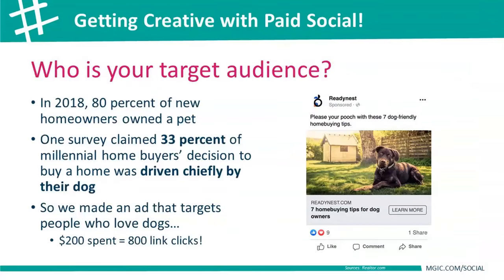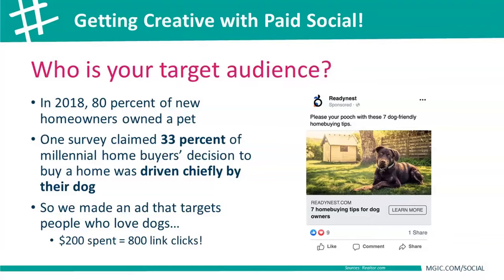So here's an example that we had, where we had a blog on Readiness that was all about home buying tips for dog owners. In this case, we know that more and more dog owners are actually using their pet ownership to make a decision to buy a home. It was in the media a whole bunch recently. So we decided, hey, let's target dog owners or people who like dogs, and let's make an ad out of it.